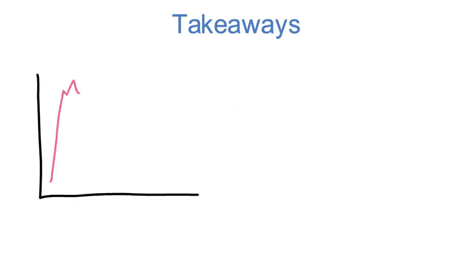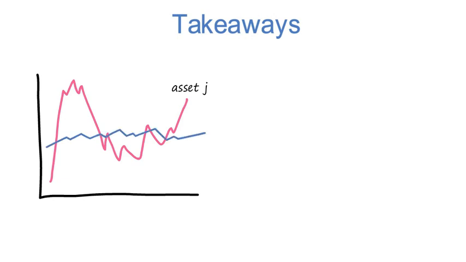So let's summarize a couple of noteworthy takeaways. First, any volatile asset J with zero exposure to the systematic risk factor, meaning the correlation between asset J and the factor premium is zero, earns on average only the risk-free rate.